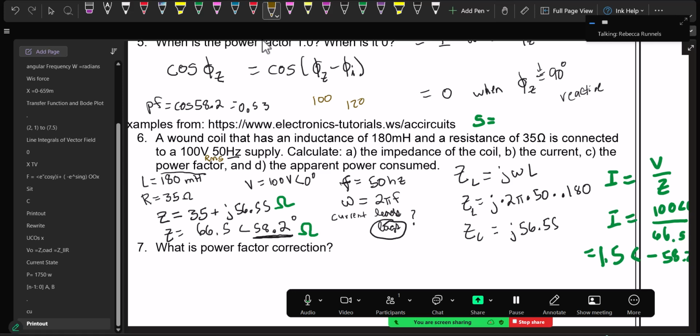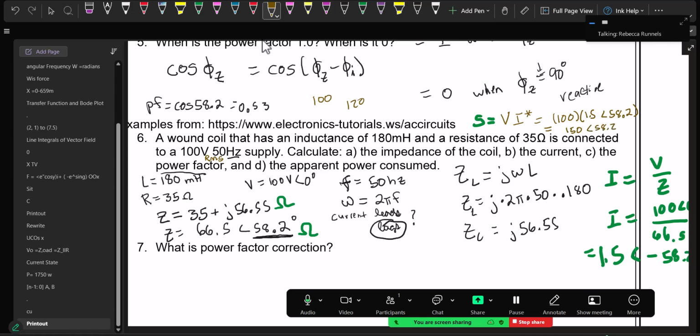With the RMS in there, I don't need to have a 1/2, and I would say S equals V times I conjugate, or 100 times 1.5 angle positive 58.2. That's my complex power, so that's 150 angle 58.2.